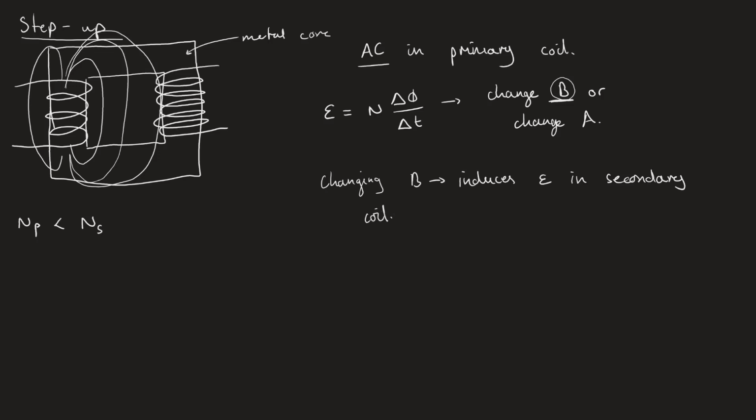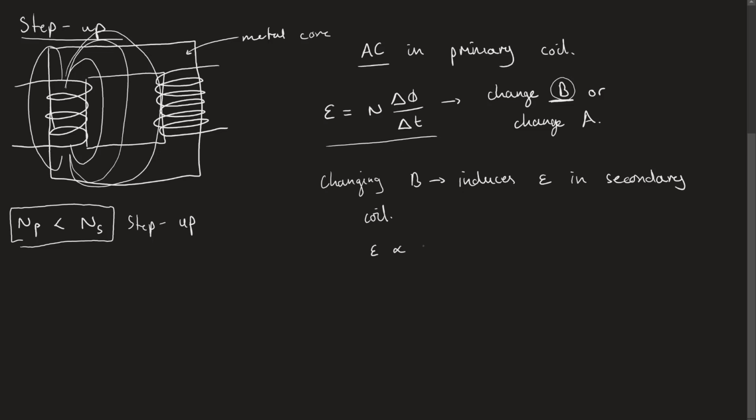Now, we know that this EMF that we're inducing in the secondary coil has to be larger than the potential, or the EMF, that was in the primary coil, because our whole purpose is to step up the potential, which explains why we have this condition here for a step-up transformer. Okay, so this is a step up, because from Faraday's law we can say that the EMF is proportional to the number of turns on that coil.